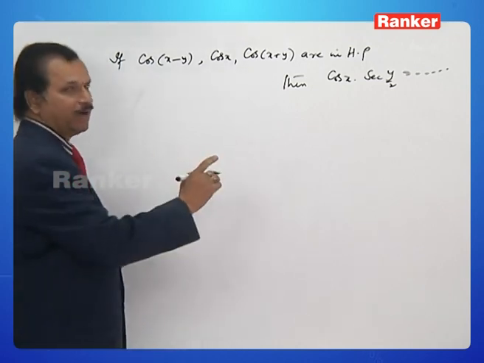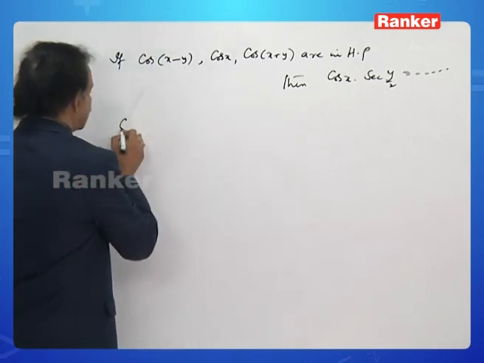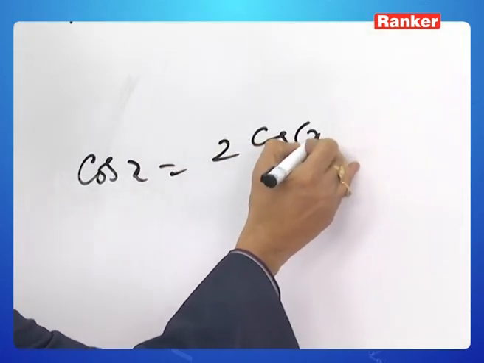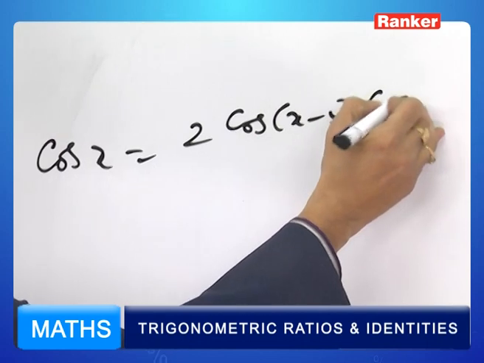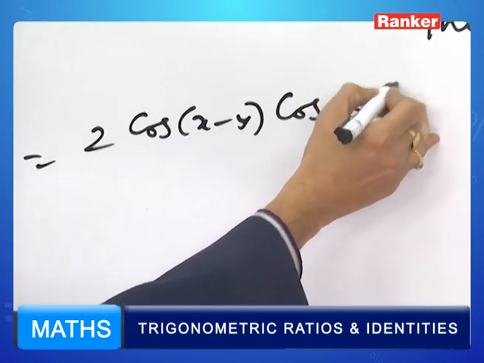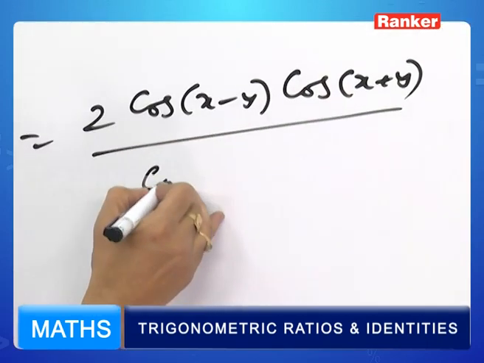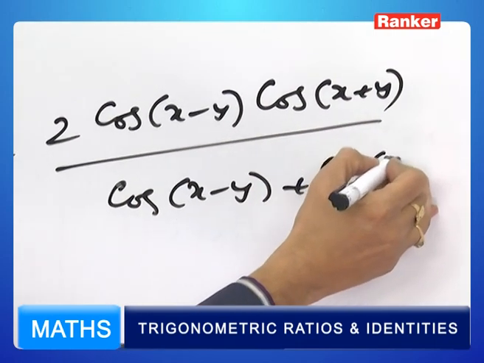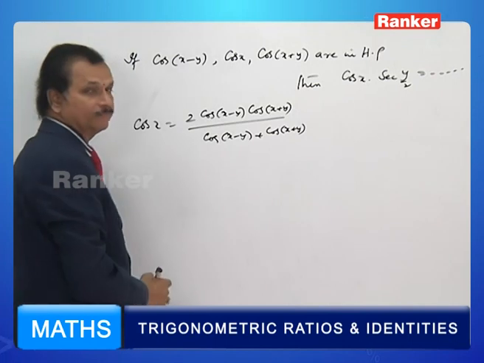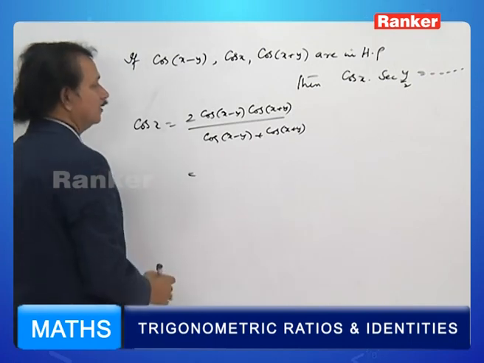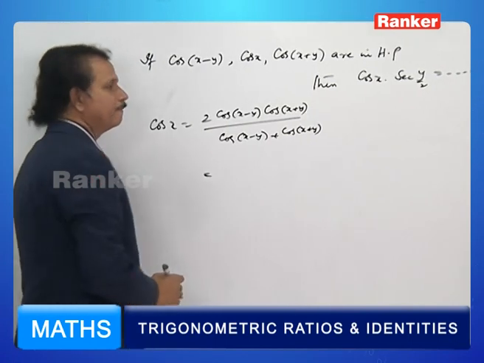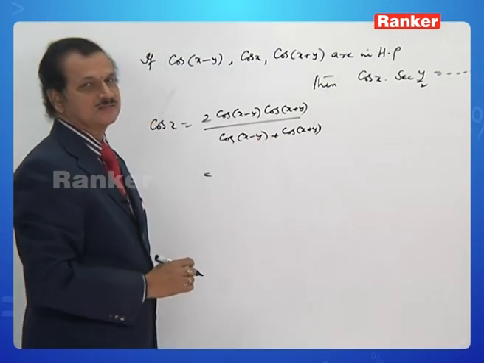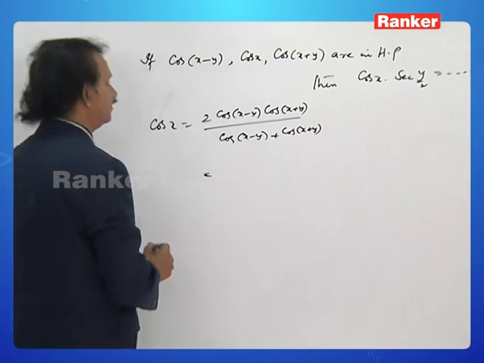Therefore, by making use of that concept, cos x is equal to 2AC by A plus C, that is, cos(x + y) into cos(x − y).